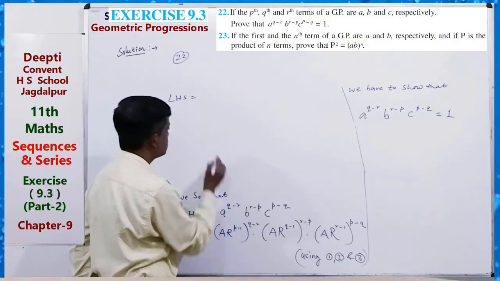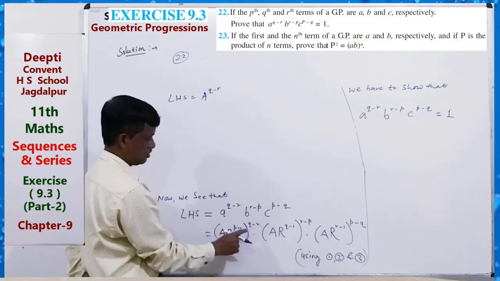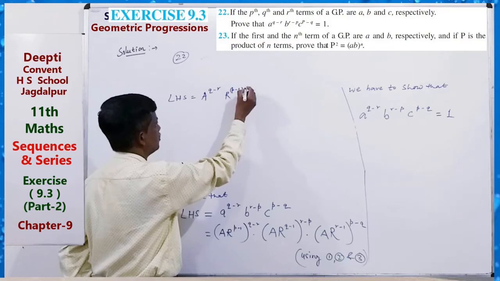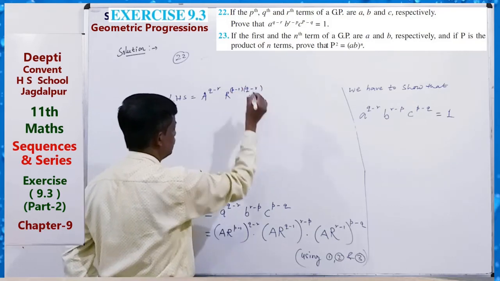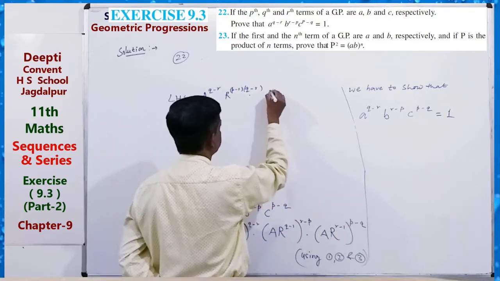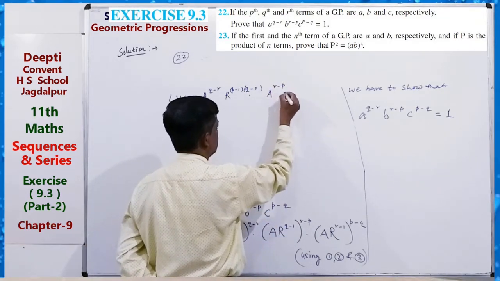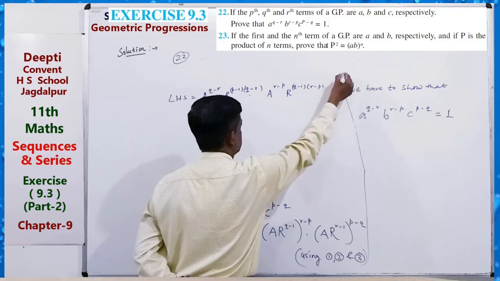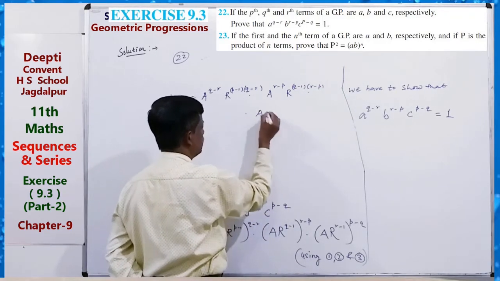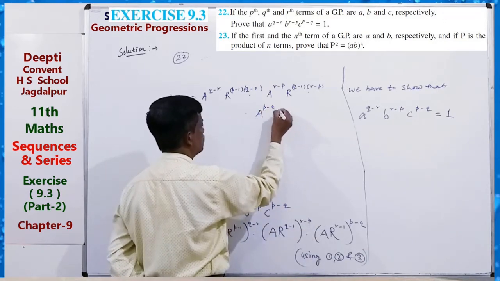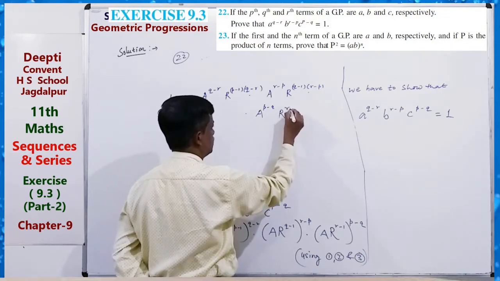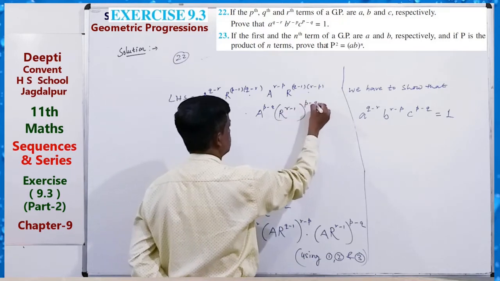So the left hand side equals A to the power (q minus r), R to the power (p minus 1) into (q minus r), times A to the power (r minus p), R to the power (q minus 1) into (r minus p), times A to the power (p minus q), R to the power (r minus 1) into (p minus q).